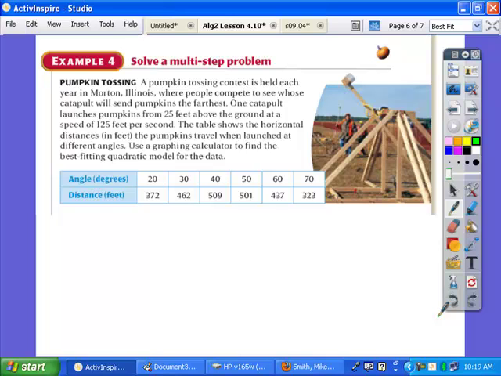And so, for instance, I might want to know, well, what's going to happen if I take this angle and I shift it to 80 degrees. I know you can't see that, but if I shift it to 80 degrees, what's going to happen to the pumpkin? Or I may want to know the question, at what angle can I get the most distance? That's a very important question to answer.